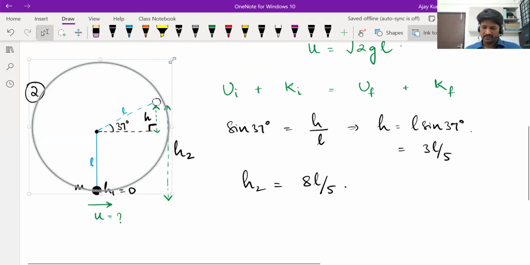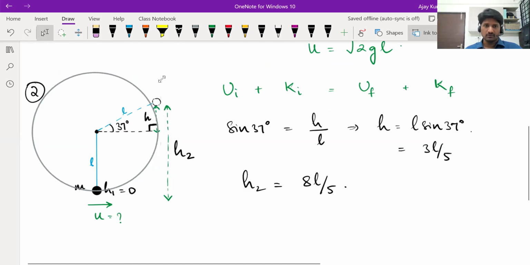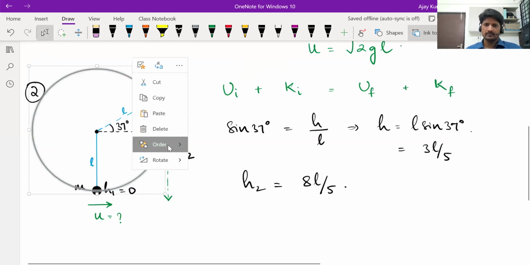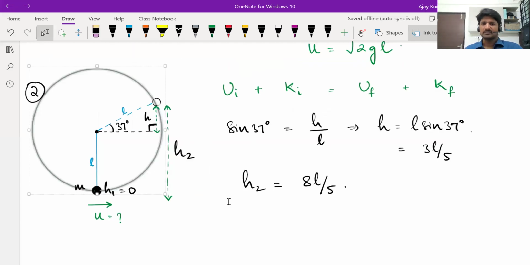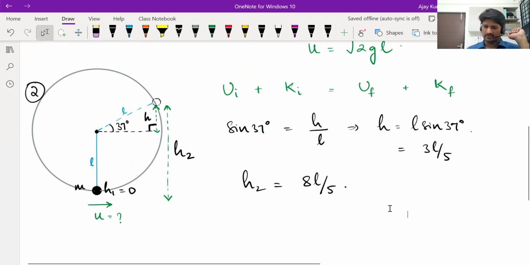We need initial velocity. So if you want to use mechanical energy conservation to do that, what other information should you know? Final velocity. Sir. Final velocity, correct. Heights we have found out. So the only thing left is final velocity.